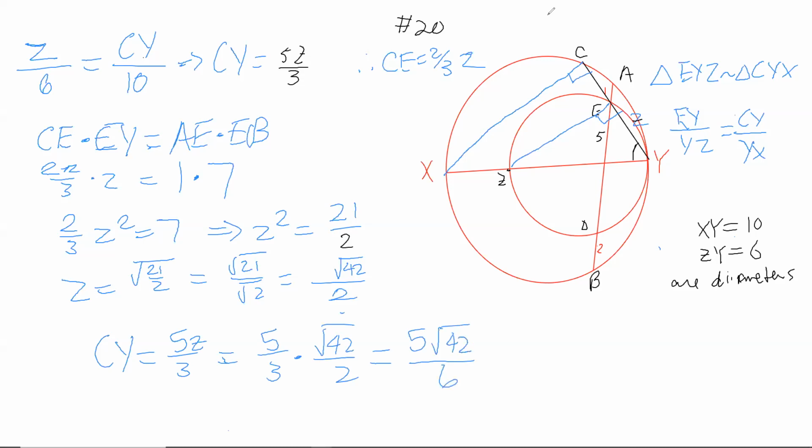You can see that everything we used here is just a simple application of the angle bisector theorem and power of a point. So it's a problem which mixes angle bisector, power of a point, and circle properties.